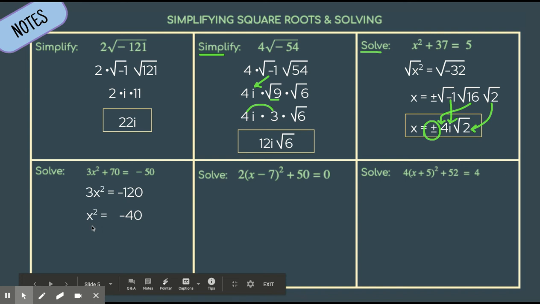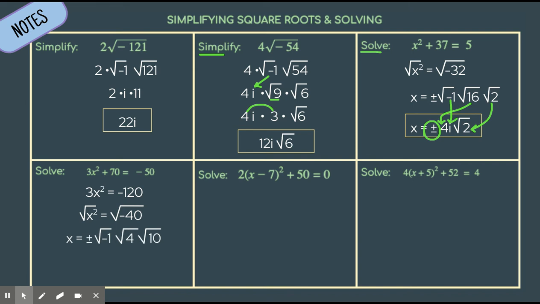I have x squared by itself, so I'm going to take the square root on both sides. And this is going to become i square root of 40, because this negative makes an i. And then we have to split 40 up into two numbers that multiply to 40. You want one of them to be a perfect square.